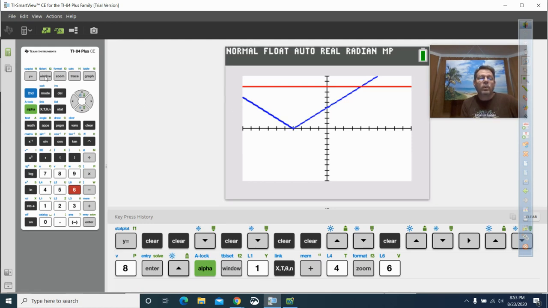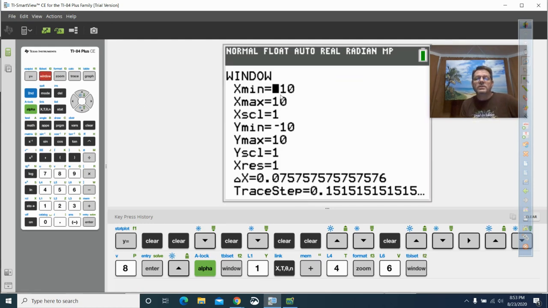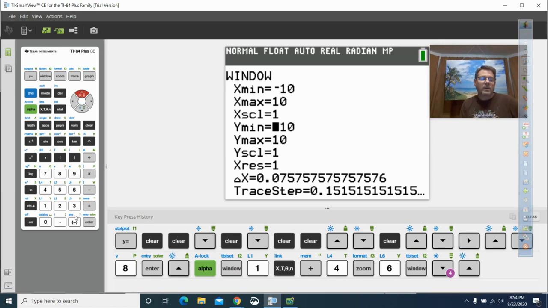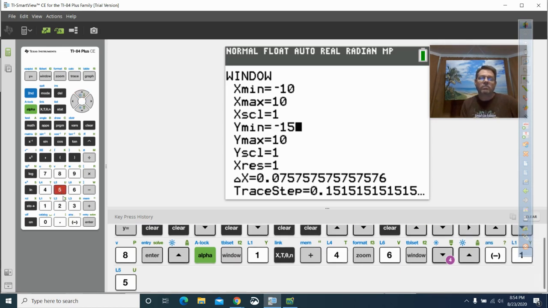I can also hit window, and it says it's currently going from negative 10 to positive 10 on the Y. What if I make that, instead of negative 10, negative 15, and then down here we'll just go to, I don't know, 7.